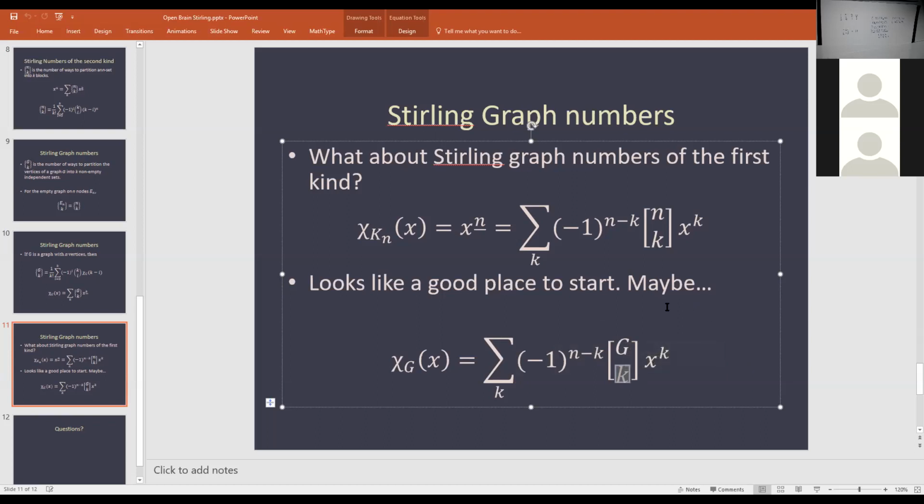When k is 0, you would get a constant term normally. Remember, we don't get a constant term in our chromatic polynomials, but that's okay because Stirling cycle numbers, think about what cycles mean. You cannot have a cycle decomposition with 0 cycles. The minimum is 1, so that's defined to be 0 usually. So this is my current working definition.